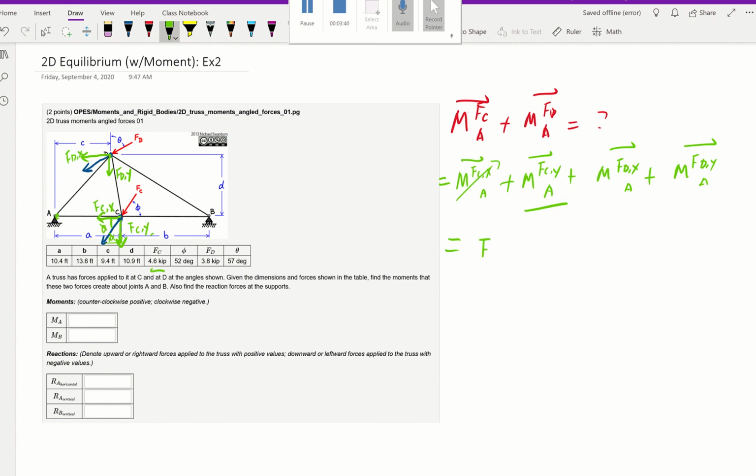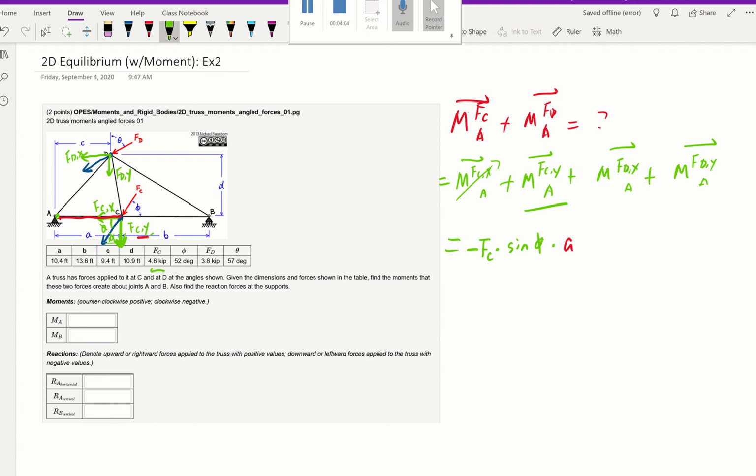So it would be FC times sine psi. Then the moment arm is this distance, times A. And then think about rotation. This force rotating about A is clockwise, so that's negative.